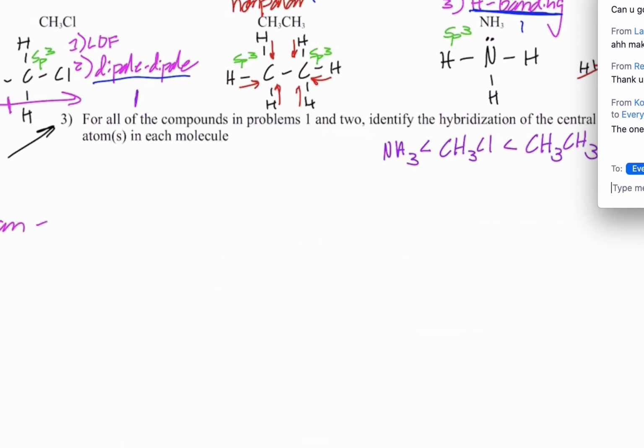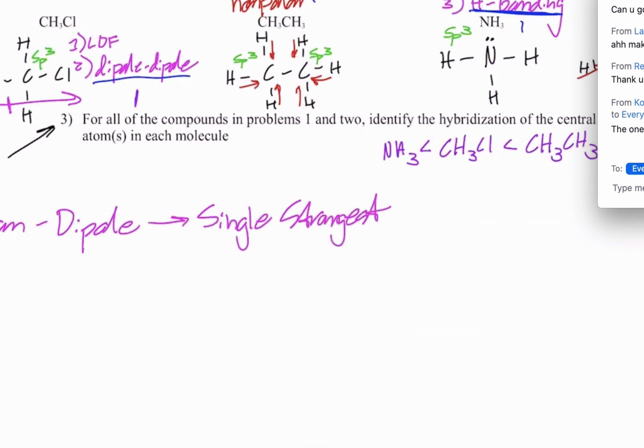So ion dipole. And so of all of the types of intermolecular forces, this is the single strongest. So of the three I emphasize and of the three most common you'll see in chemistry, hydrogen bonding is the strongest, but outside of that, ion dipole is actually the strongest, okay?